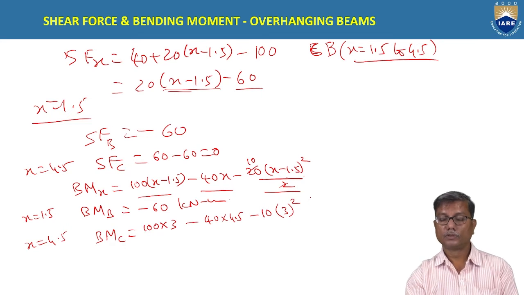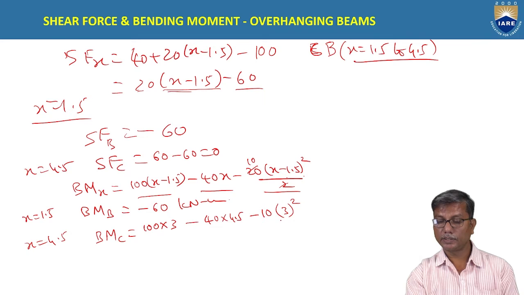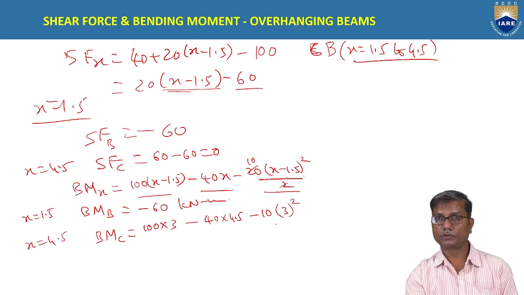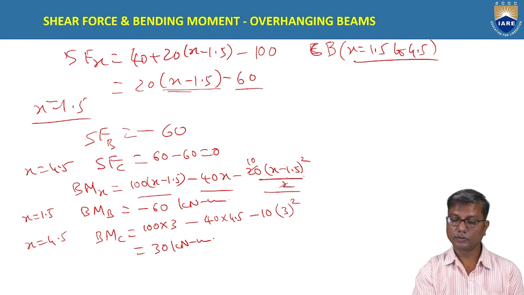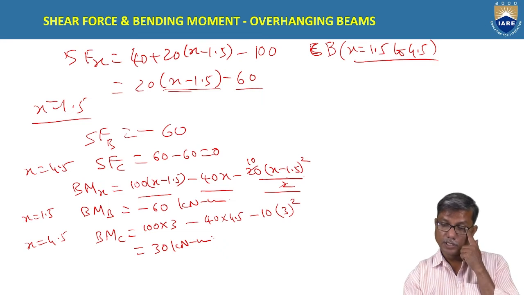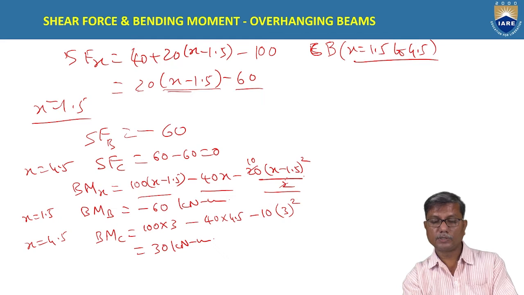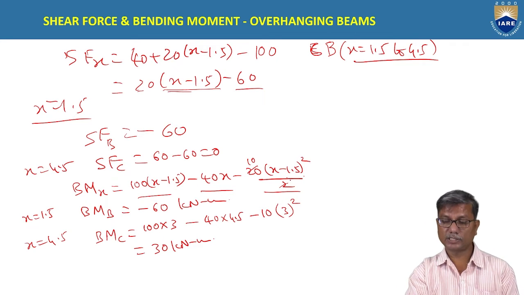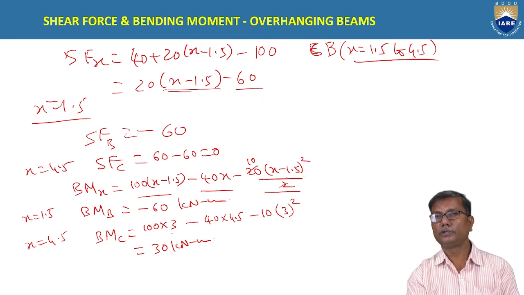So 40 into 4.5 is 180 and 90, so 270. 300 minus 270, that is 30 kilonewton meters. Okay. And this varies parabolically here. Between BC, the bending moment varies parabolically. And at the same time, the shear force changes sign between BC.